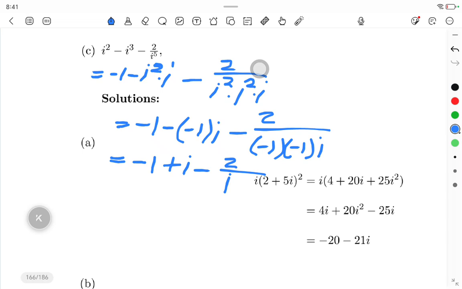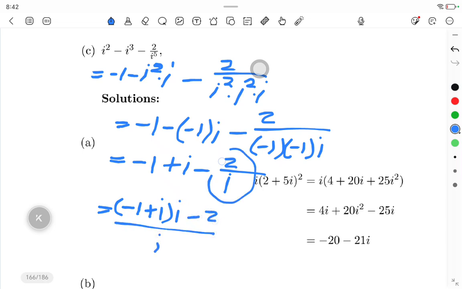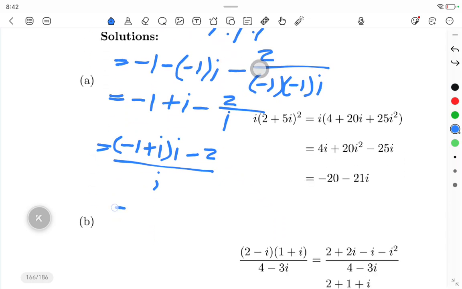Then you can say this is equal to minus i plus i squared minus 2 all over i, which is going to be equal to minus i minus 1 minus 2 all over i, and it's going to be equal to minus 1 minus 3 all over i. If you can check, I think this is what we are getting so far here, right?